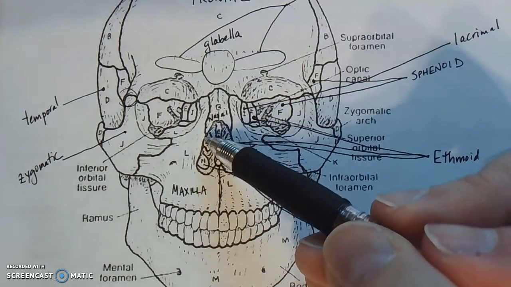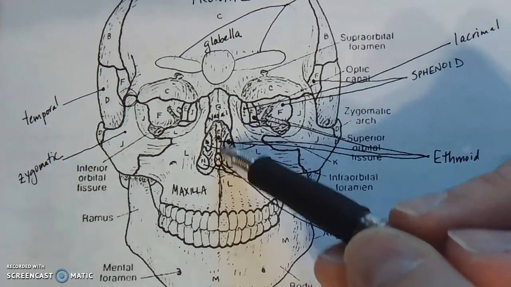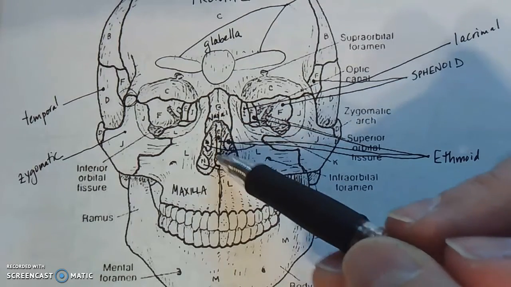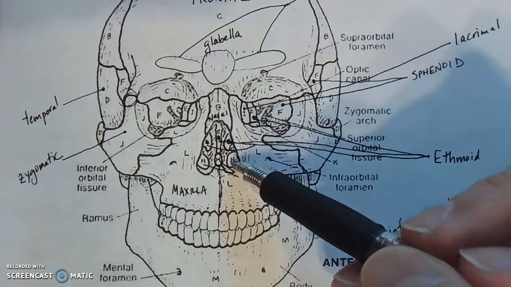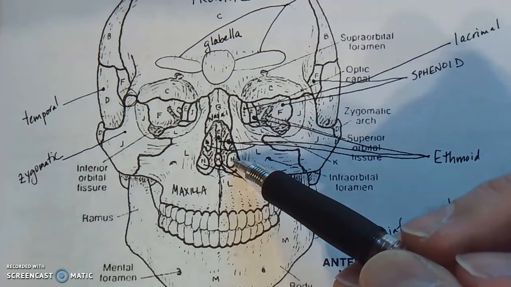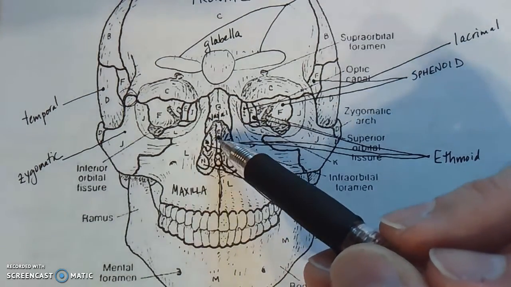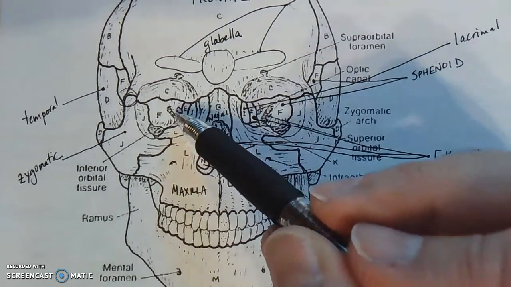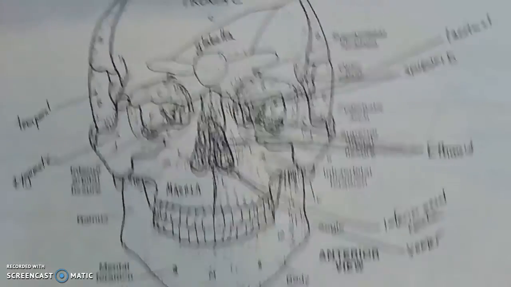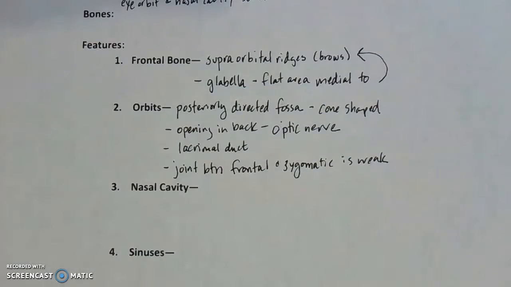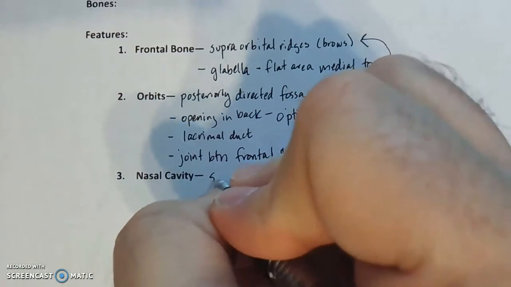So the maxilla goes up and meets up with the nasal, but on the inside, this forms the nasal septum, or that middle part that separates the nasal cavity into two parts, and then we have these bones that stick out. So when we look at the exploded version, we can see that the ethmoid is actually one bone, but it appears in different places, kind of in the middle of the head. So the nasal cavity is separated by the nasal septum.